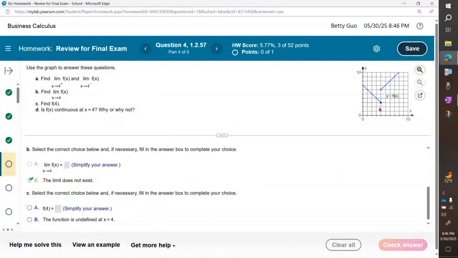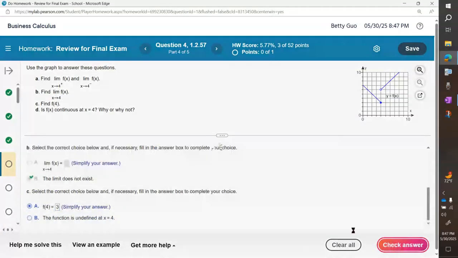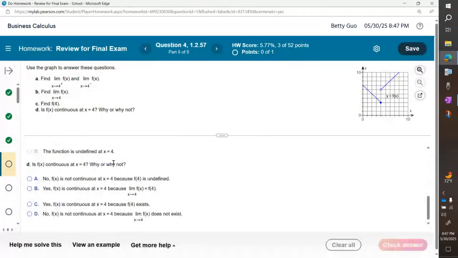The value of the function at 4 is 3, because we see the solid dot here, right? When x equals 4, the corresponding y value is 3. Part D, is the function continuous at 4? Obviously not. It's because the limit does not exist.